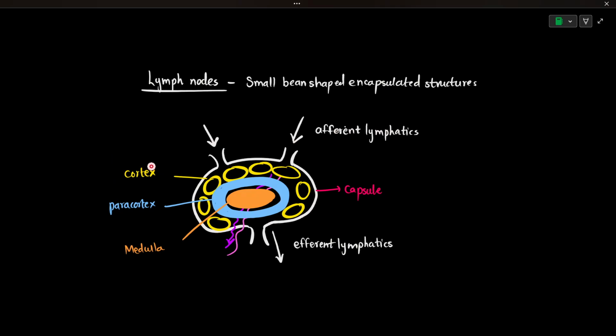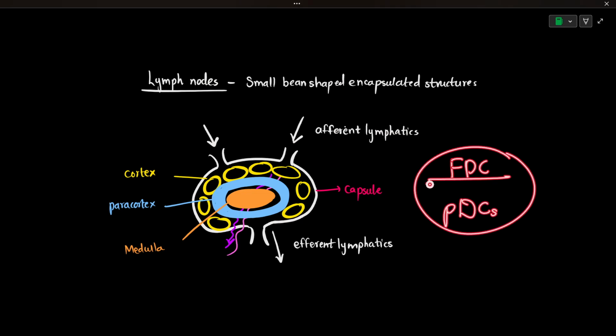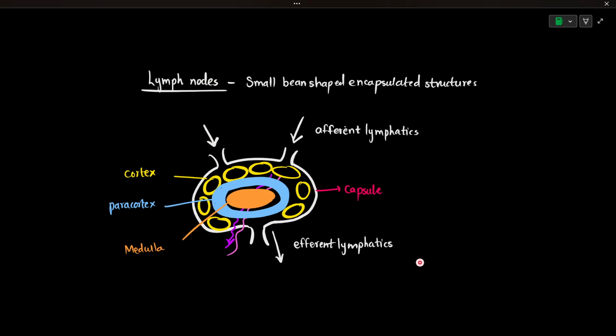You remember when we discussed dendritic cells, we discussed follicular dendritic cells and plasmacytoid dendritic cells. One of the types is follicular dendritic cells, which help in B cell development. These are specialized antigen presenting cells which play a role in B cell development. Those cells will be found in the cortex region, which we can also call the B cell rich region.